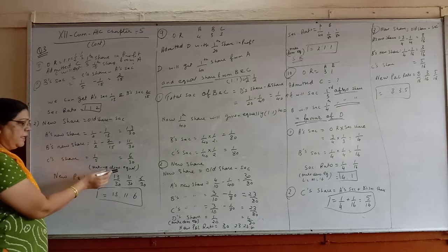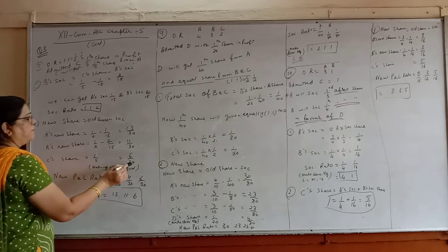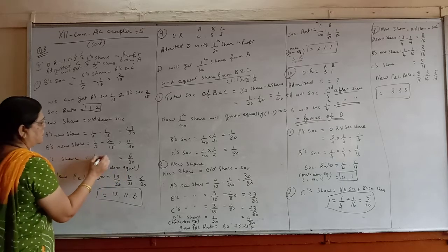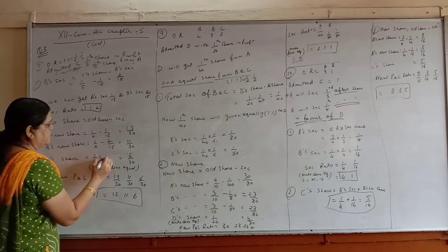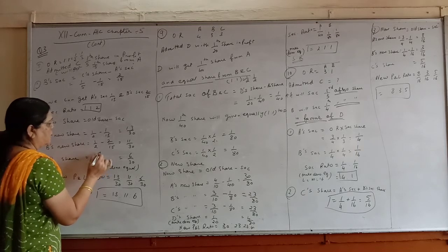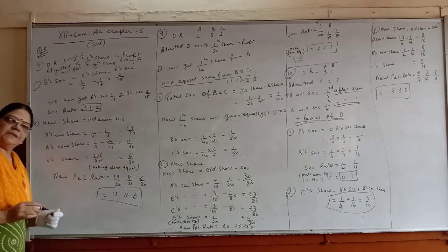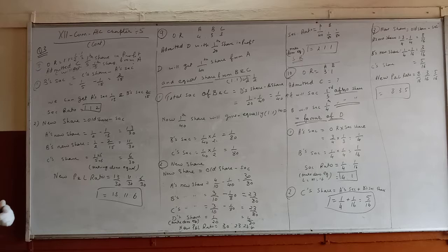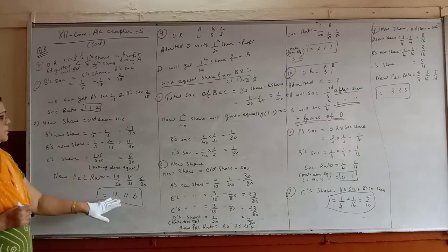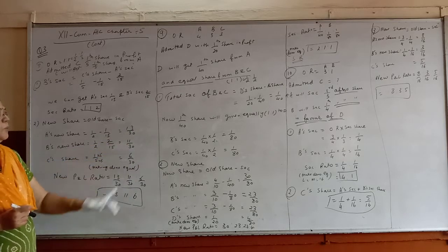Making the denominator 30, you will get 6/30. How did I get it? Multiply 1 by 6 and 5 by 6, so 6 ones are 6 and 6 fives are 30. Therefore our new P&L ratio will be 13:11:6.